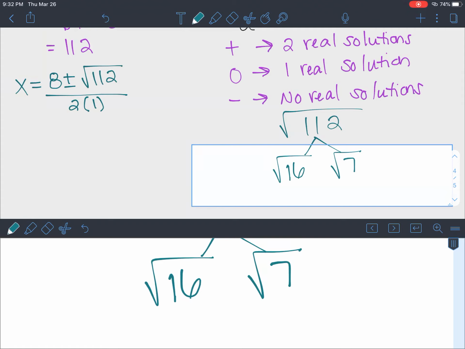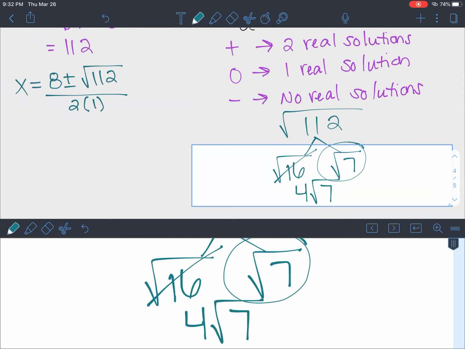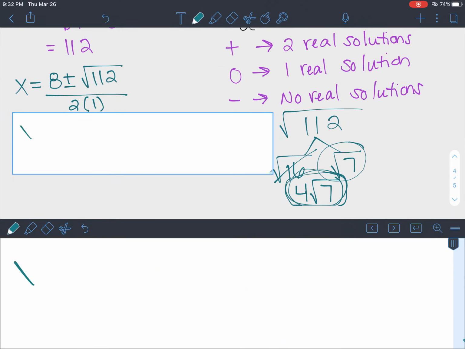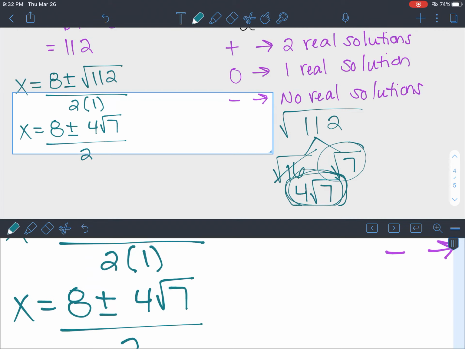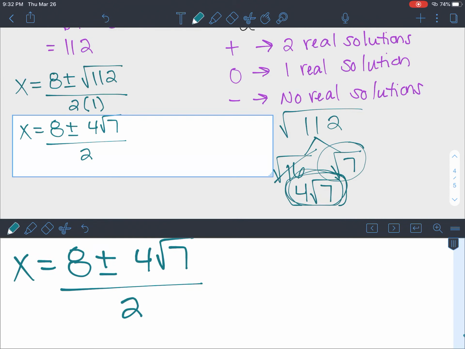When I simplify this, the square root of 16 is 4. We don't know what the square root of 7 is, so we just leave it. This is what we're going to replace that square root of 112 with. So I'm going to come back over here and say x equals 8 plus or minus 4 square root of 7, all divided by 2, because 2 times 1 is 2.